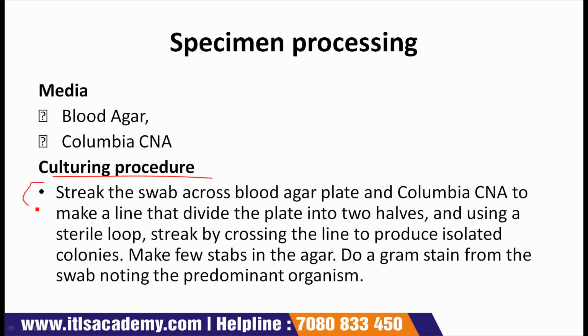It includes point 1: streak the swab across blood agar plate and Columbia CNA to make a line that divides the plate into 2 halves, and using a sterile loop streak by crossing the line to produce isolated colonies.